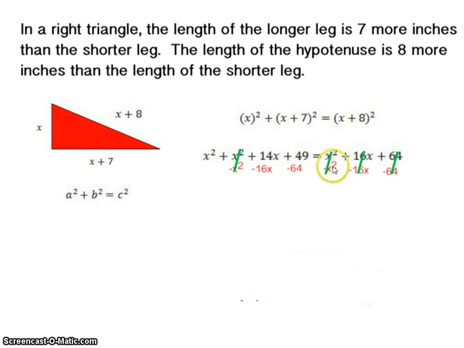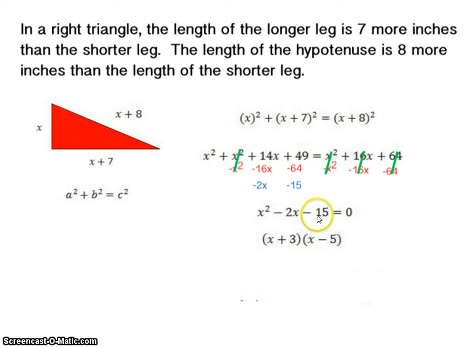And so I'm going to subtract every term on the right side from the left side and the right side. When I do that, I end up with x squared minus 2x minus 15 is equal to 0. Now this is in standard form, and I'm just going to factor it.